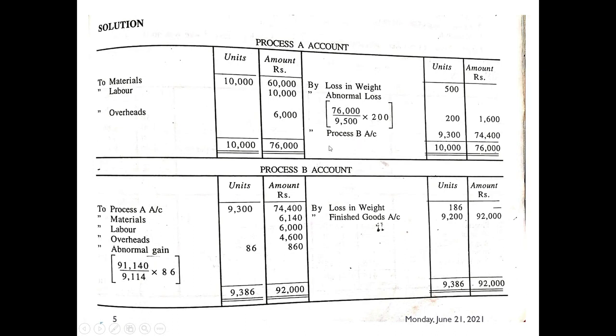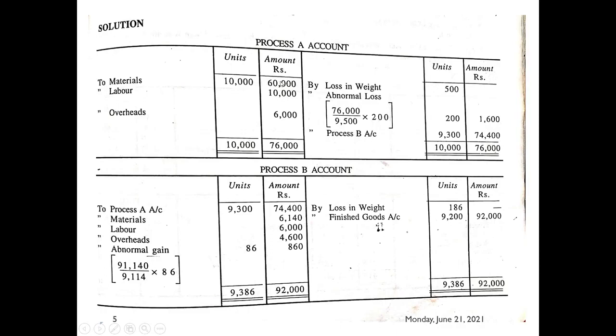By process B account, in brackets you write 74,400 divided by 9,300. So it will be 8. In brackets, at the rate of rupees 8 per unit. In this way the process A account is prepared.